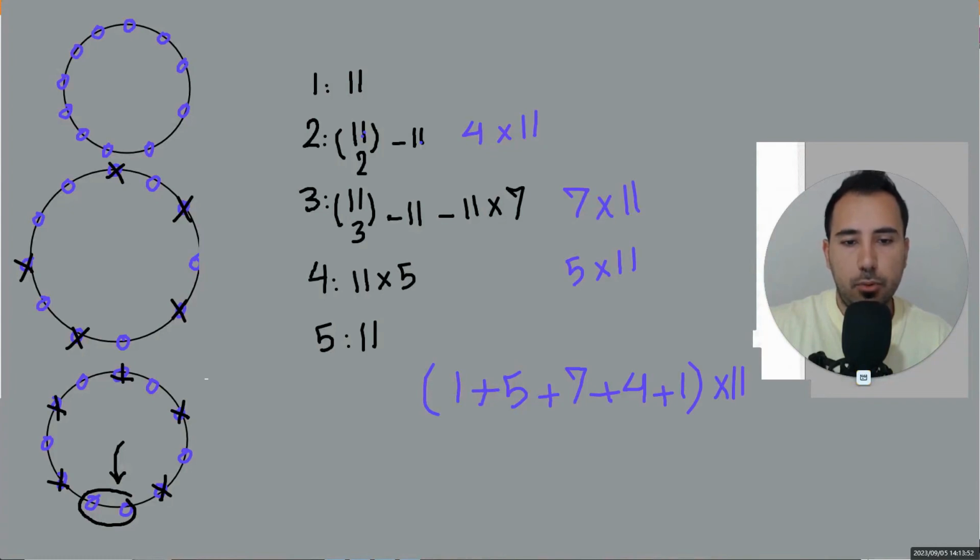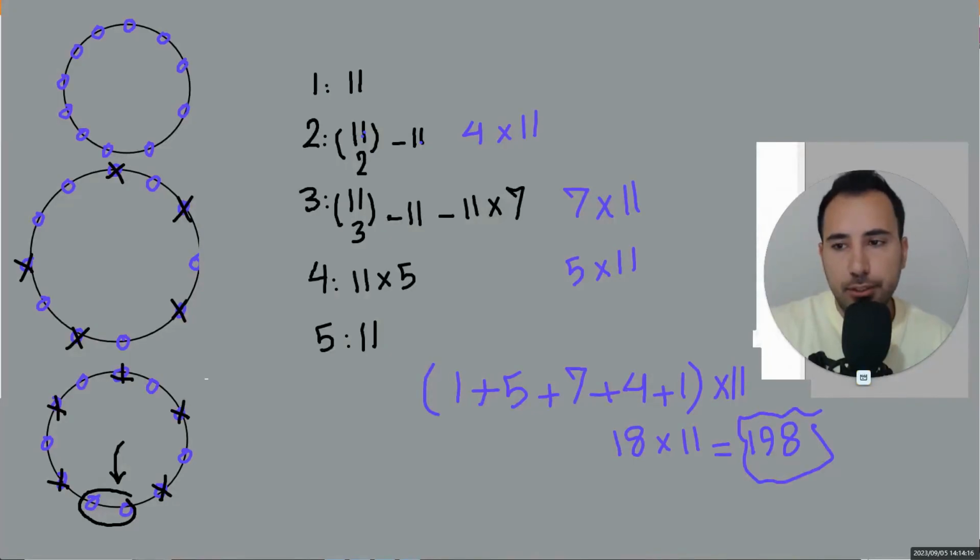Okay, so it will be 18, right? 5 and 5, yes. So the answer will be 18 times 11, which is going to be 180 plus 18, 198 total.